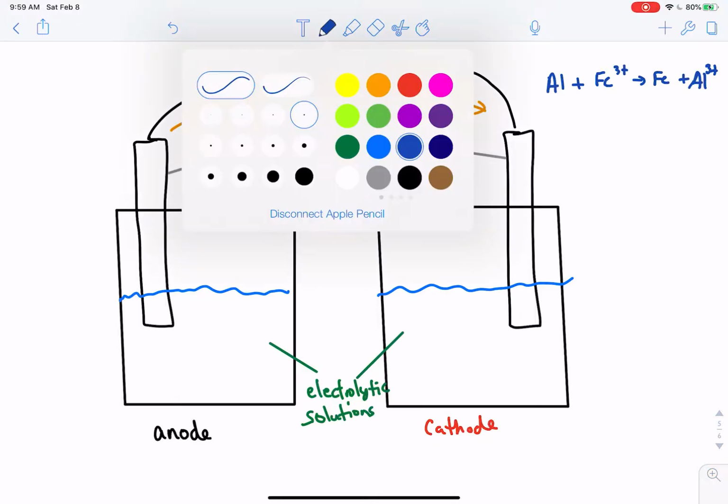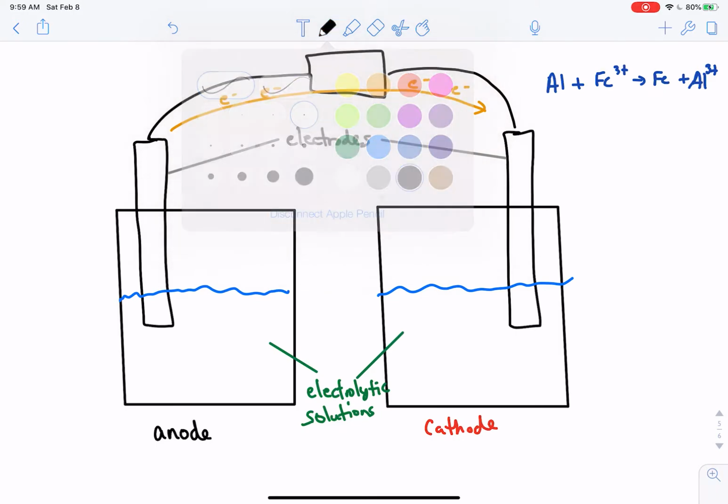According to that balanced reaction up there, in the top right corner, which species should go into the anode right here? Okay, why? No, it's wrong, I'm wrong.